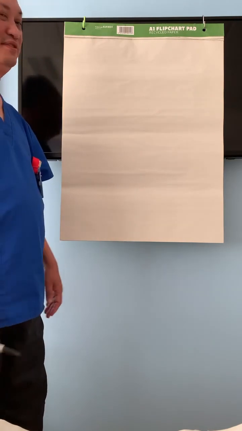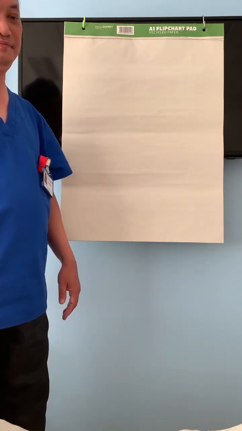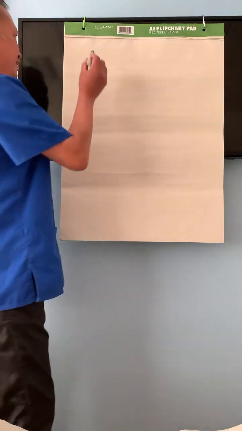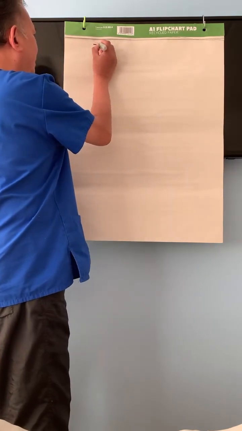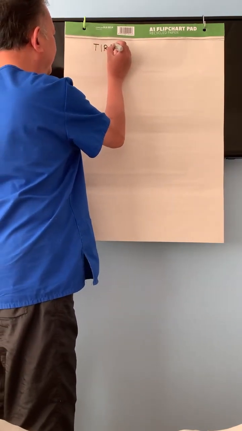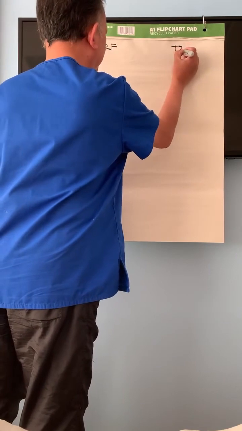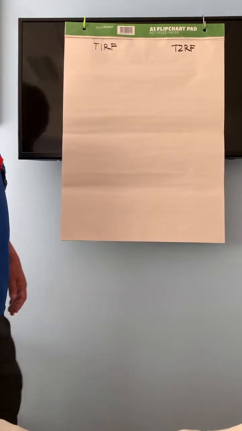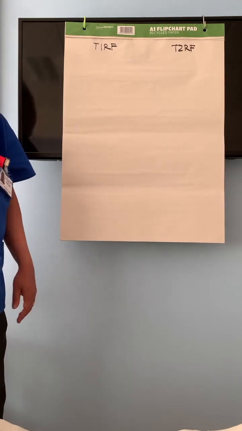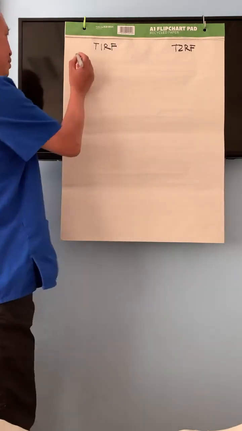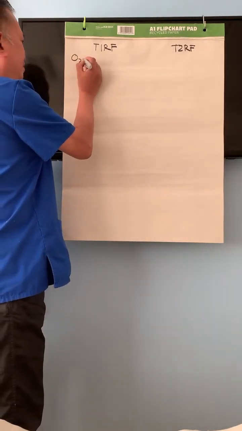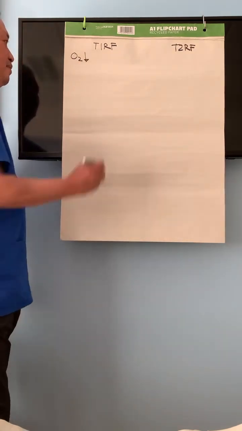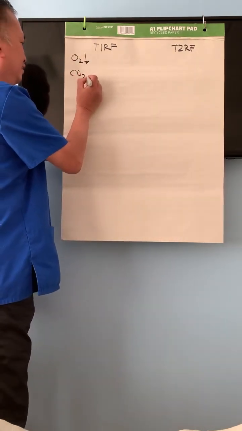Another thing we need to talk about now is type 1 respiratory failure and type 2 respiratory failure. Type 1 respiratory failure is, as we all know, oxygen drop but normal carbon dioxide.